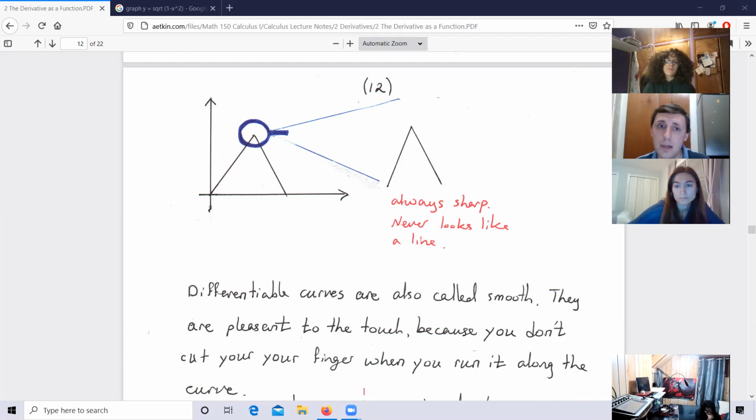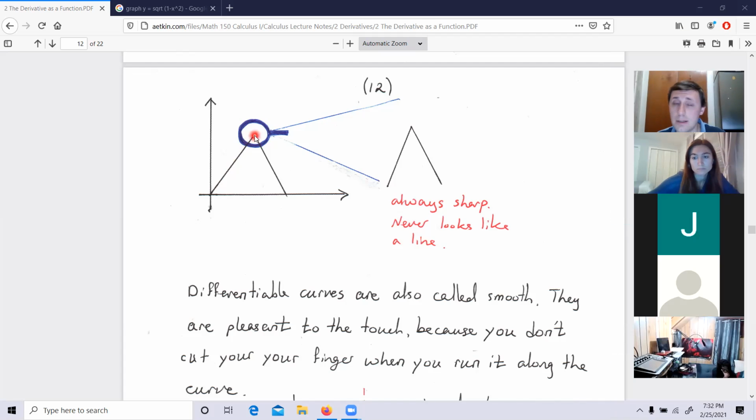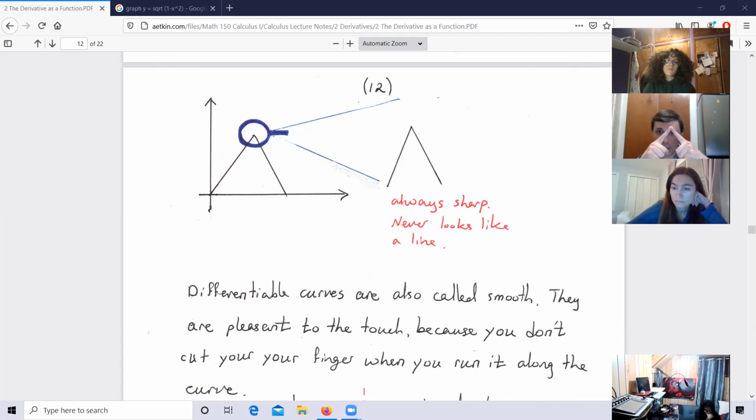But if I zoom in at this peak, it remains sharp. It always looks like a broken line. No matter how much I zoom in, it will look like an edge. It will have the same angle. The one dot will remain one dot.